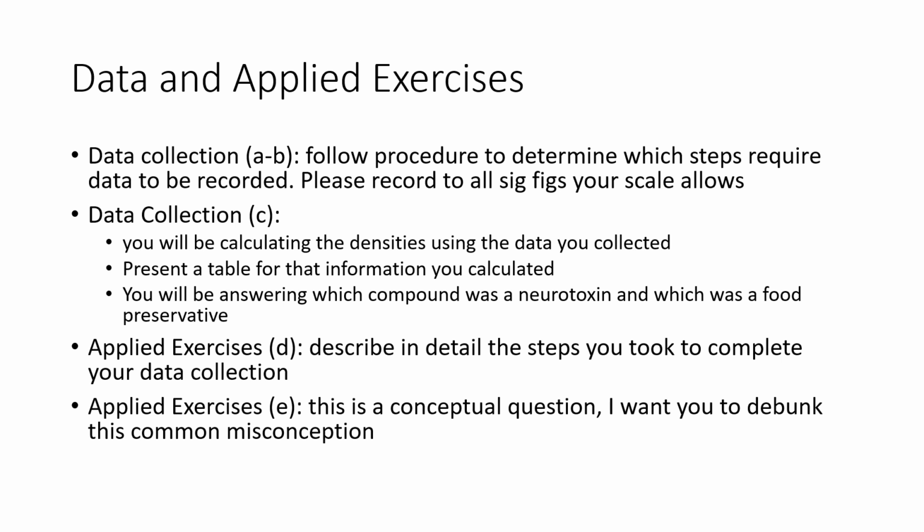I just want to see the densities and see that you see the difference between compound A and compound A1 and A2. From there, you will also be answering which one was a neurotoxin, which one was a food preservative. Again, this relates to the objective stated in the lab. So just go back and read that, and you'll understand what that's talking about.